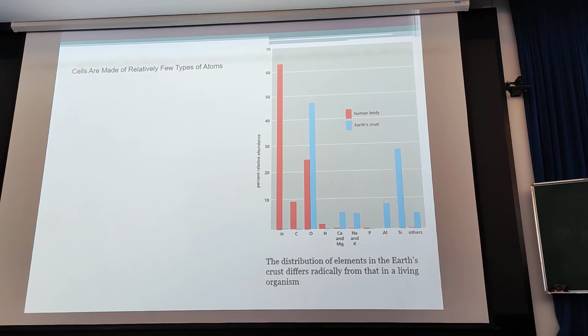But inside living organisms, the highest levels are hydrogen, oxygen, carbon, and nitrogen. So this shows how the elements inside living organisms differ from those in the Earth's crust.